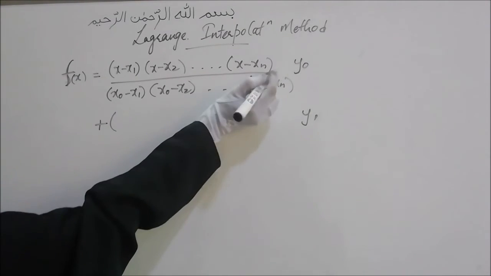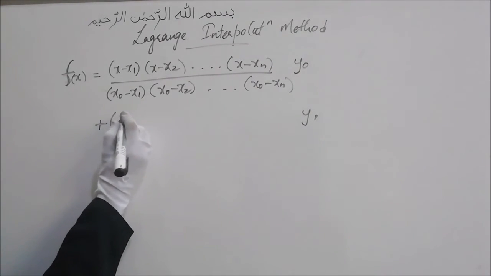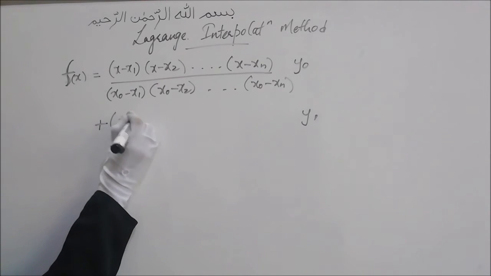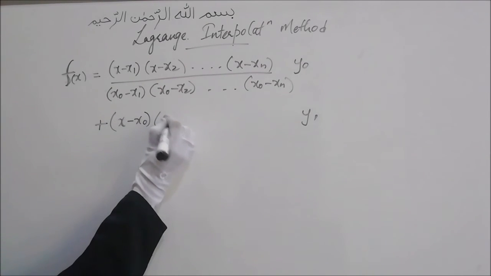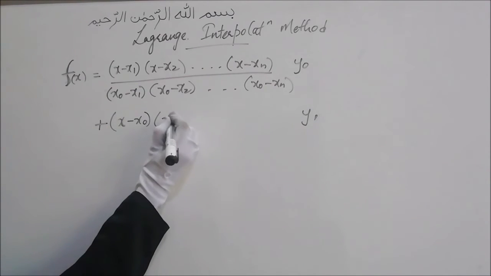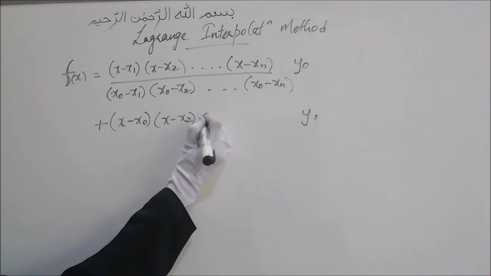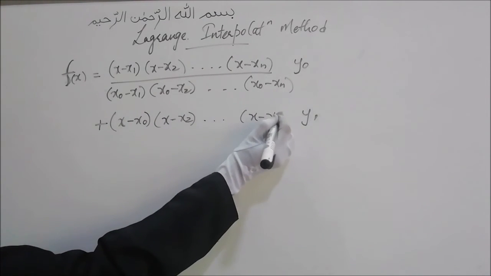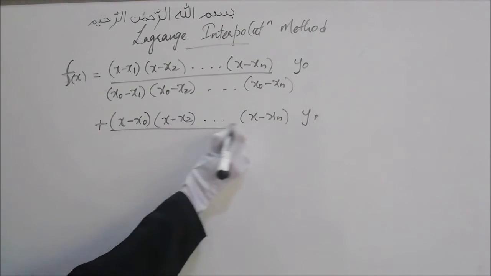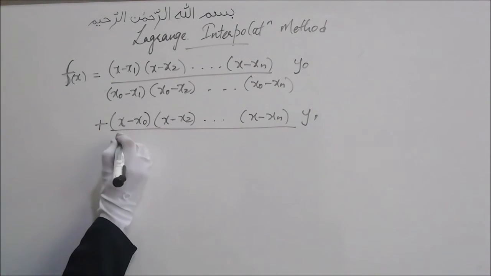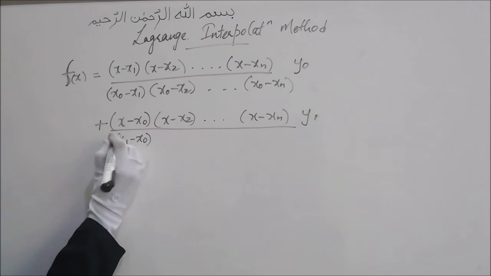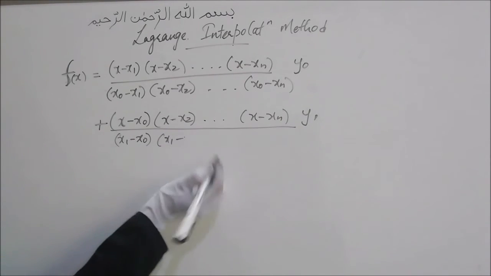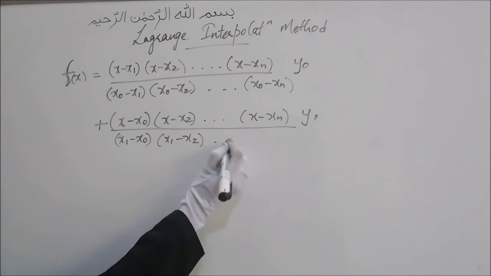So you'll have x minus x0 into, we'll not take x minus x1, we'll directly go to x minus x2 up to x minus xn into y1, divided by, since this is y1, x1 minus x0, x1 minus x1 will be 0, therefore x1 minus x2 up to x1 minus xn.